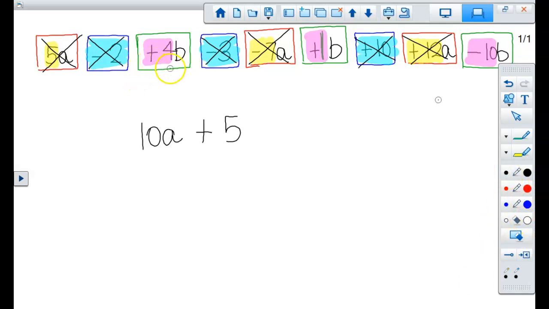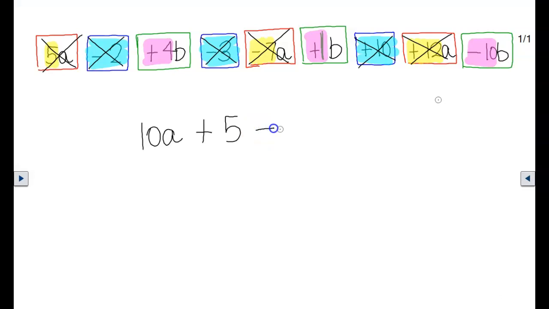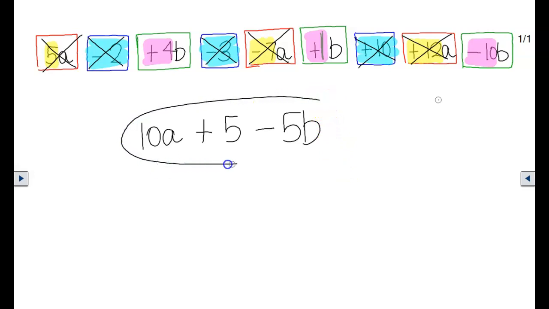So positive 4 plus 1 would be 5, and then 5 minus 10 would be a negative 5. So I'm going to put minus 5, and the minus is because it is negative, and then remember to keep the same last name. So the last name should be b. So right here should be my final answer.